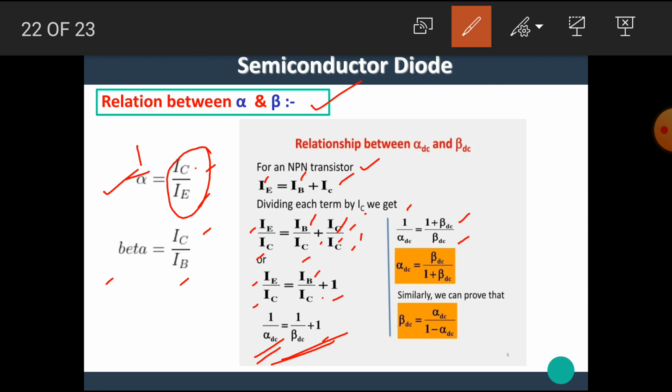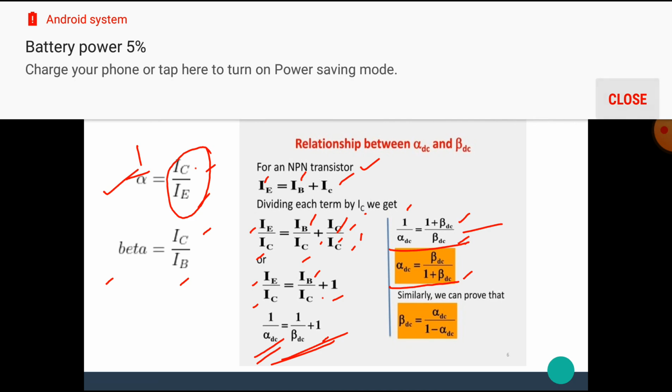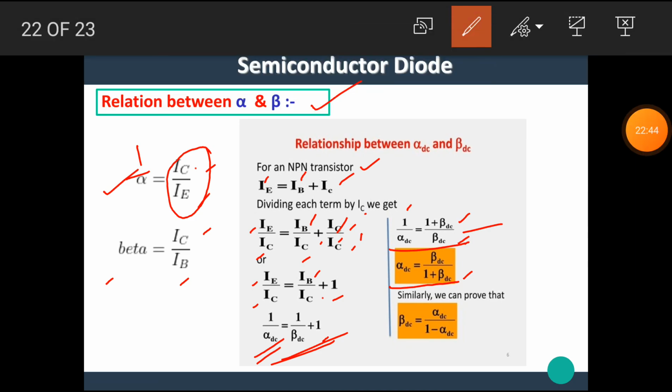After reciprocating this, we get alpha DC is equal to beta DC upon 1 plus beta DC. That means we get the relation alpha is equal to beta upon 1 plus beta. Similarly, we can prove that beta is equal to alpha upon 1 minus alpha.